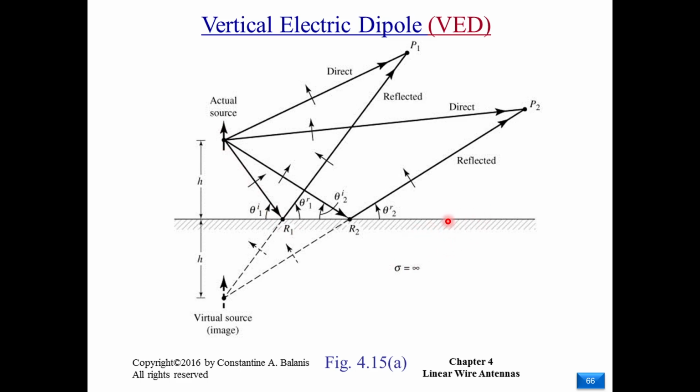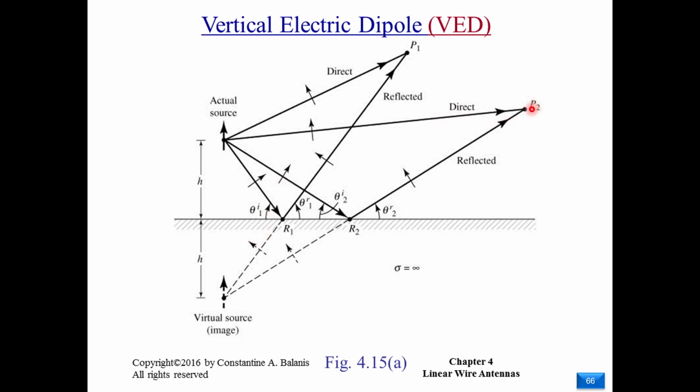This is a perfect conductor plane, to just formulate the problem, and then part of this reflected wave will reach the observation point. This is called multipath, and it's a major issue for analysis in wireless communication and in radar and many different applications.